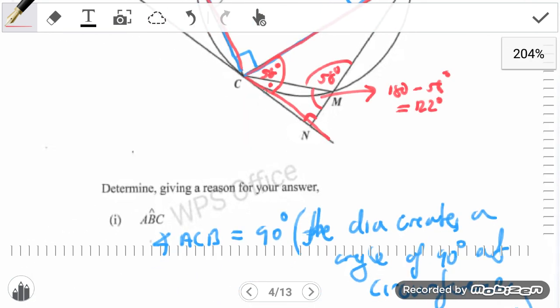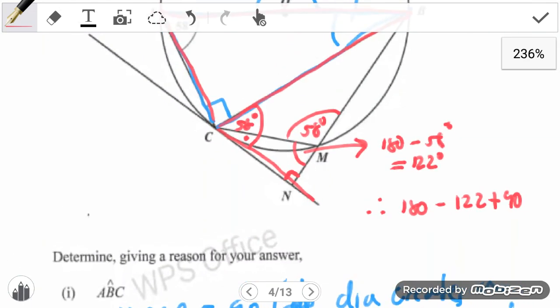So that little piece of angle that we're trying to find is going to be equal to 180 minus 122 plus 90. Oh no, I think that something is wrong there. 122 plus 90 goes way past 180. So I think that something is wrong here.